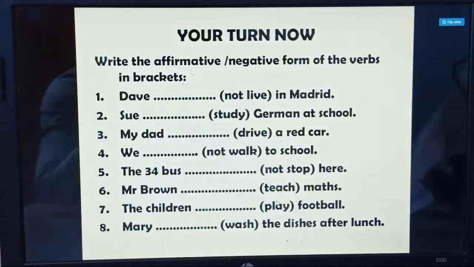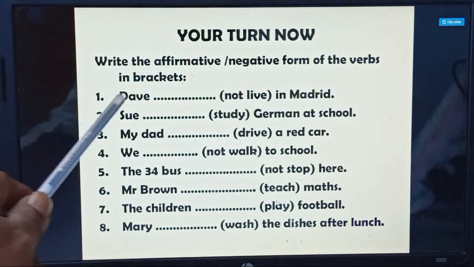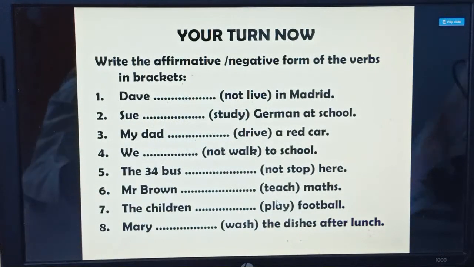Let's try. Write the affirmative or negative form of the verbs in brackets. How do you answer this? For example, Dave, not live in Madrid. Madrid is the capital of Spain. So how do you make it a negative sentence?